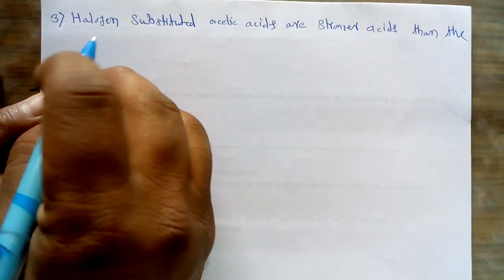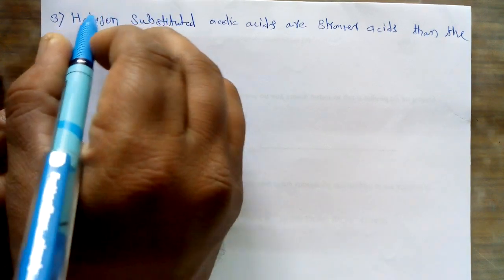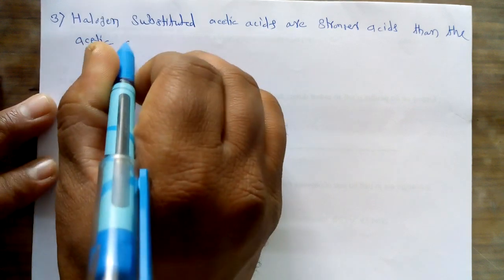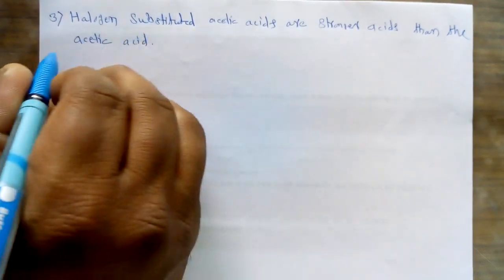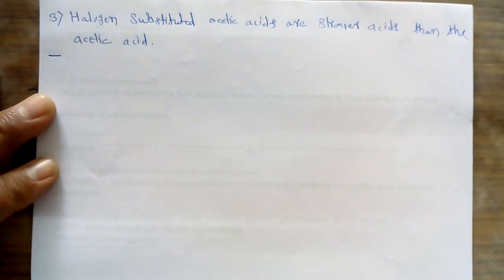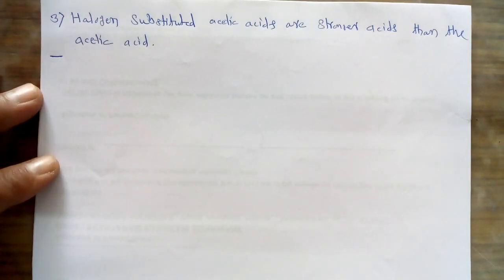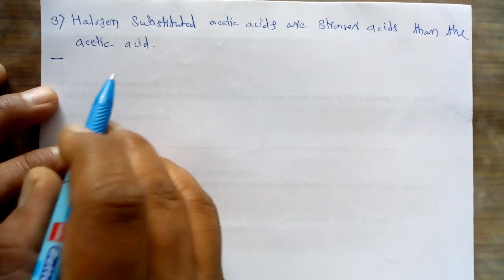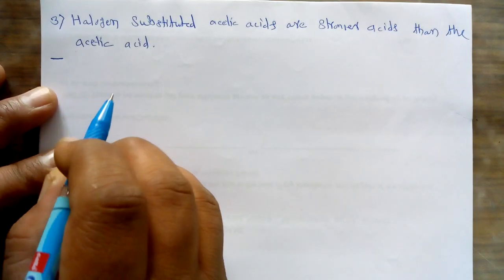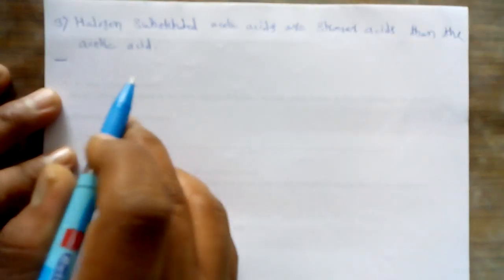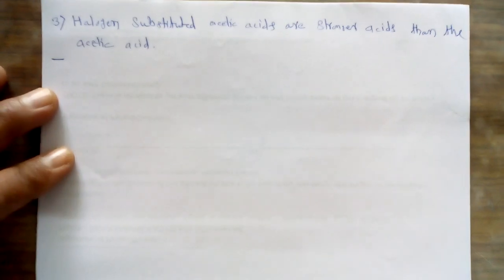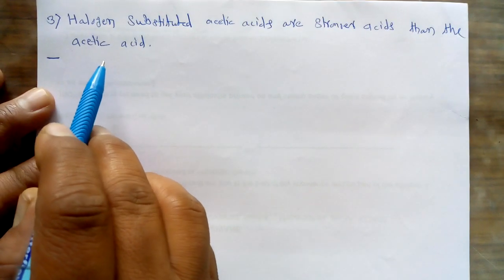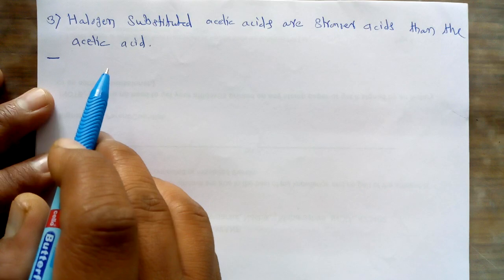Halogen substituted acetic acids are stronger acids than acetic acid. So this is our third example. In this case, we have to consider the halogen substituted acetic acid and the plain acetic acid. As predicted in this question, acetic acid is less acidic as compared to halogen substituted acetic acids.